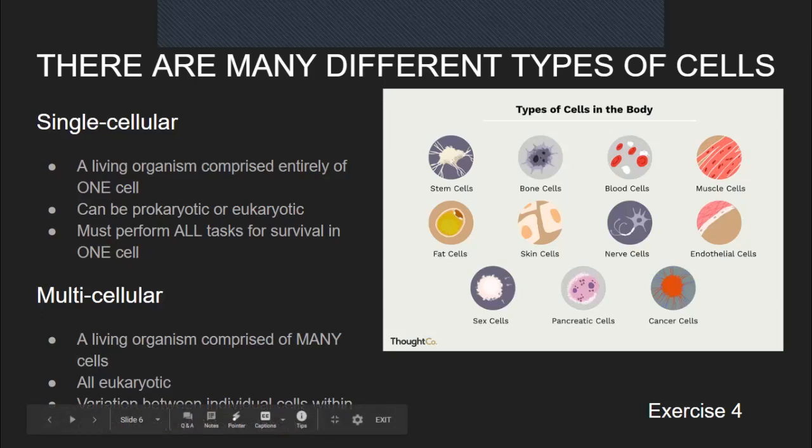Now, the reason for this is single cellular eukaryotic organisms need to have everything they need to survive all contained within that one cell. That means they need to be able to adapt to changes in their environment.